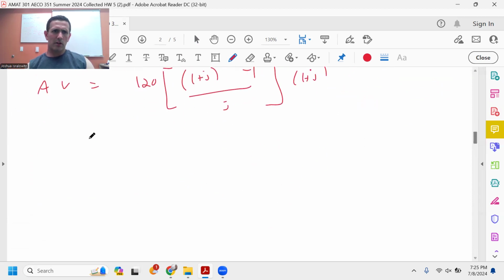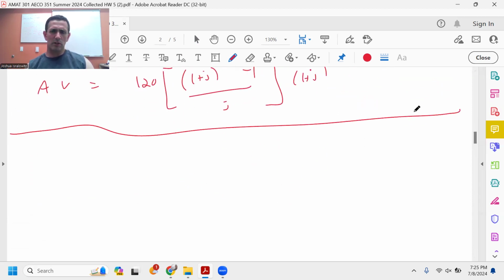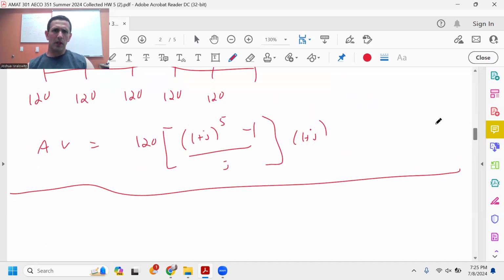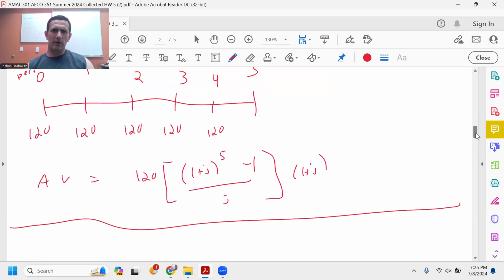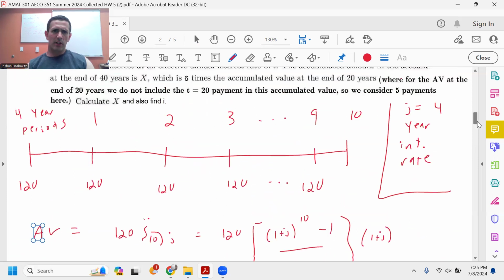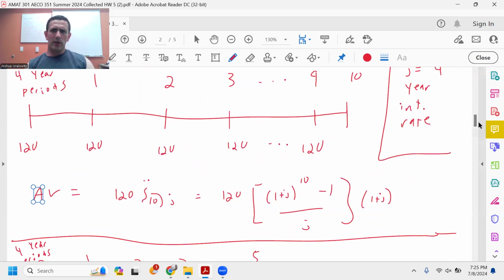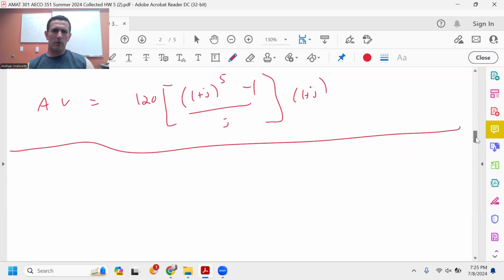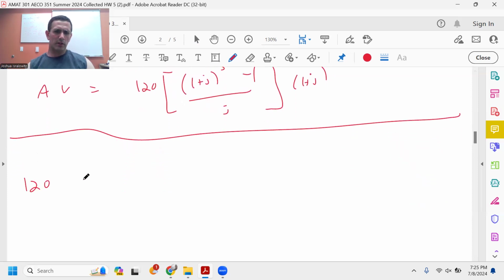All right, got plenty of room, that's good. Always an issue when I'm doing this, if I have enough room or not. All right, so we are given this accumulated value here, or sorry, this accumulated value here over 40 years, and I'll cancel a whole bunch of stuff now, of course.